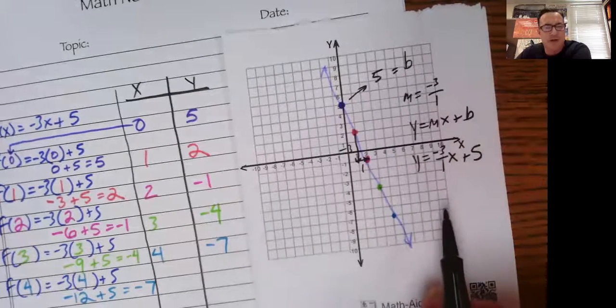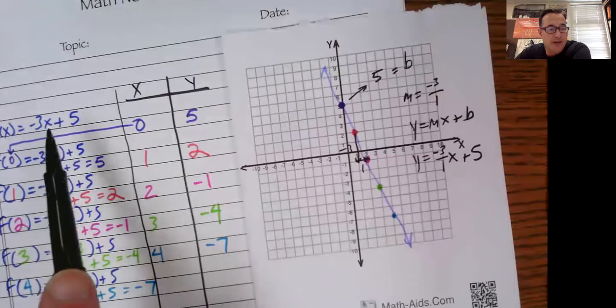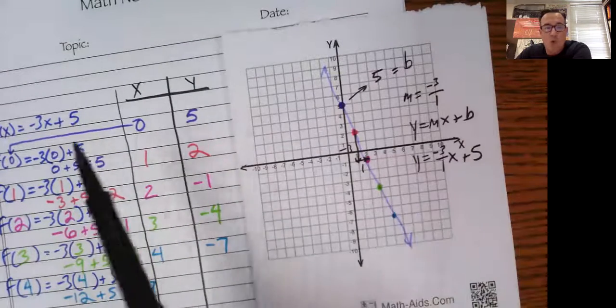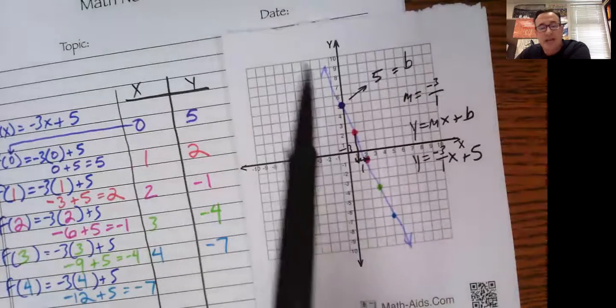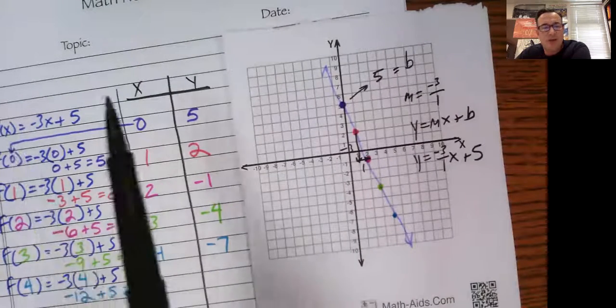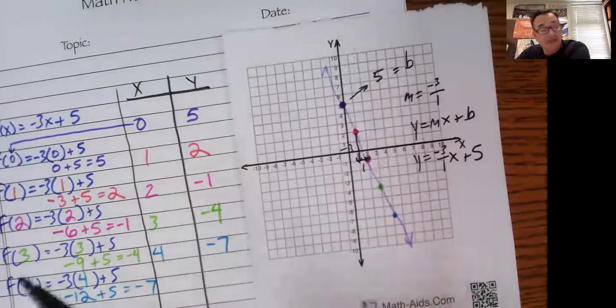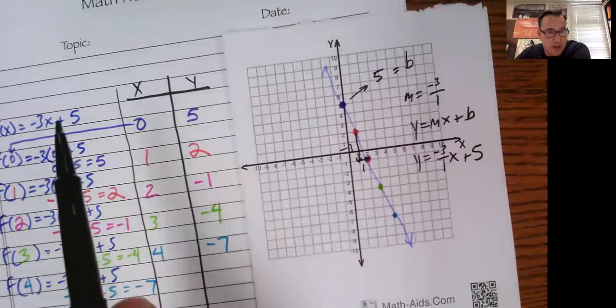Now I want to show you something. If you look over here at the original equation, negative 3x plus 5, we've already done this. We did this earlier this year. We just didn't go through and go from this to a table to a graph. Sometimes you learn shortcuts that let you go directly from the equation to here.